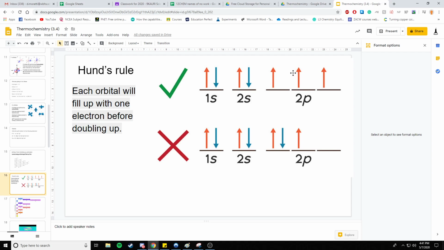So we singly fill them up before we double them up, okay? So it's not written like this, this has got 1, 2, 3, 4, 5, 6, 7 electrons. 7 electrons, of course, is nitrogen, element number 7. So this will be nitrogen's electron configuration, and it's not this.